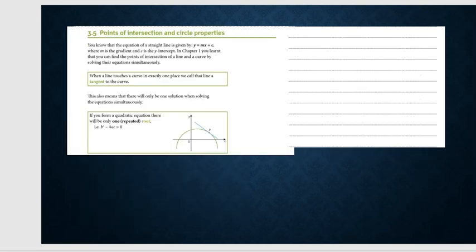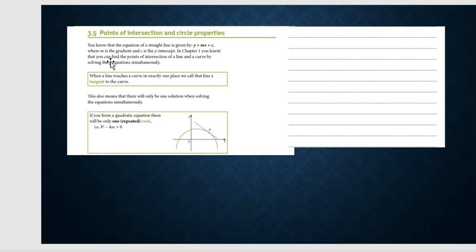So now we are in 3.5, point of intersection and circle properties. Conceptual understanding: what did you know from year 11 IGCSE?